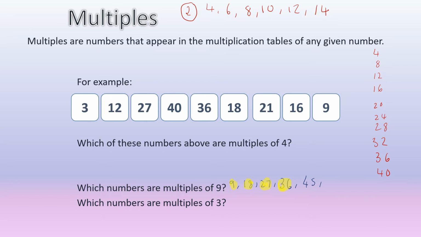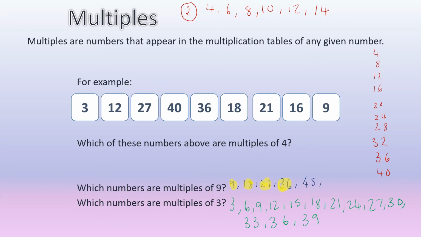On our next one then, multiples of 3, so let's do our 3 times table. So 3, 6, 9, 12, 15, 18, 21, 24, 27, 30, goes a little bit higher, we have 33, 36, 39, and then our numbers don't go any higher on the example.